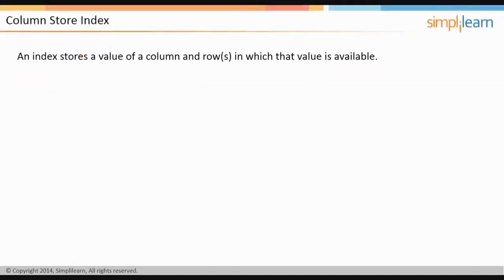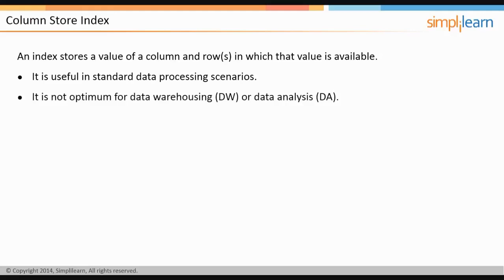As we talked about earlier in this lesson, an index stores a value of a column and the rows in which that value is available. In most standard data processing scenarios, such as searching and querying, this is what we need. However, in case of other advanced data processing scenarios, for example, in data warehousing and data analysis, this is not what we need.